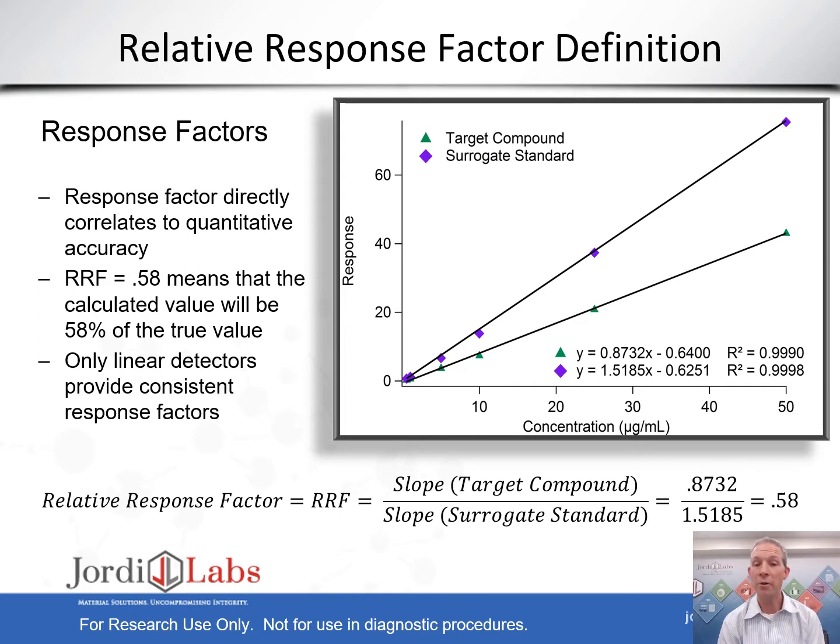And what we need to understand about RRF values is that when we have an RRF value of 0.58, that means that any quantitation done with that surrogate standard will get a value that's only 58% of the true value. In other words, RRF values are directly correlated to quantitative accuracy.